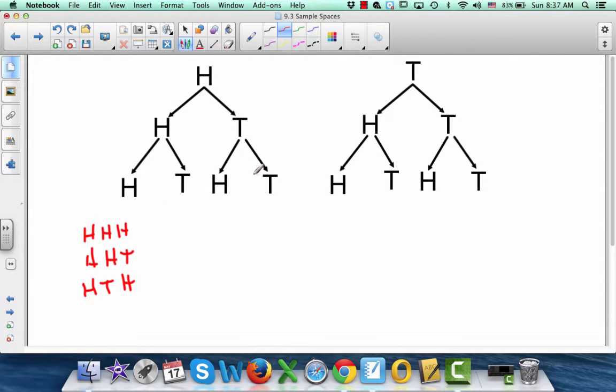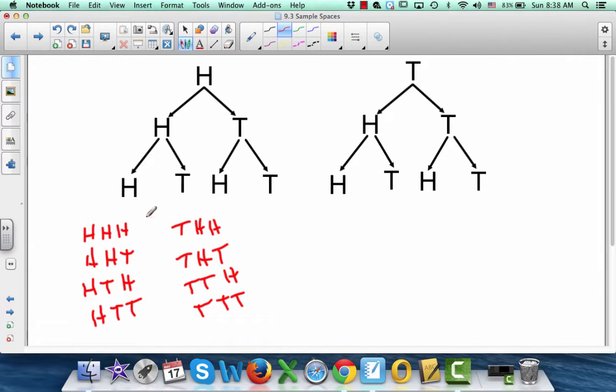And then heads, tails, tails. We come over to this side and we go tails, heads, heads. Tails, heads, tails. Tails, tails, heads. And finally tails, tails, tails. And this is our sample space that we made from the tree diagram.